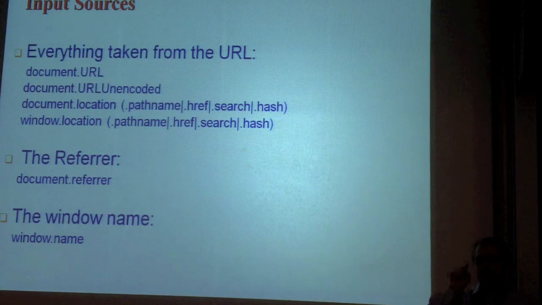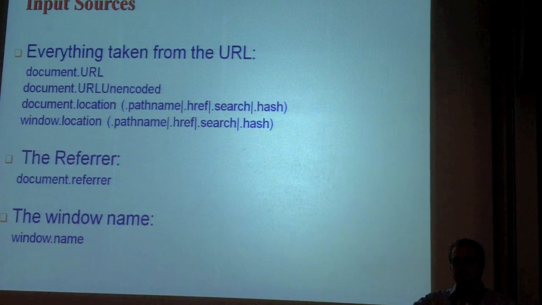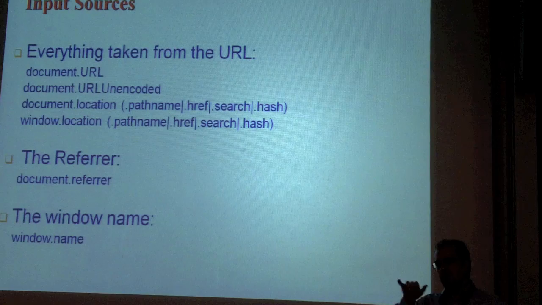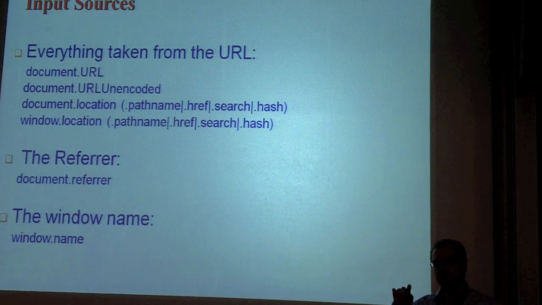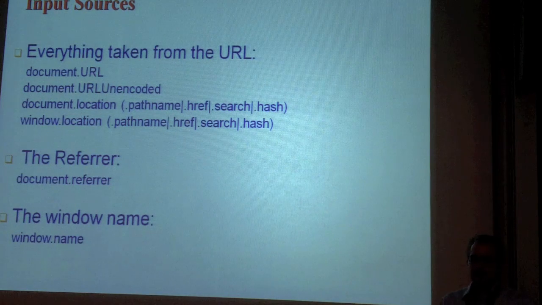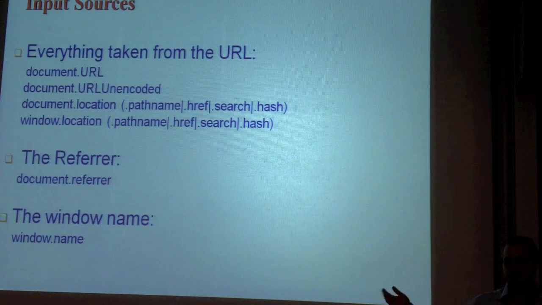We know that, for example, we can target a link to another window, and we can tell what will be the window name where the link will open. So the attacker can actually control the name of the target window.